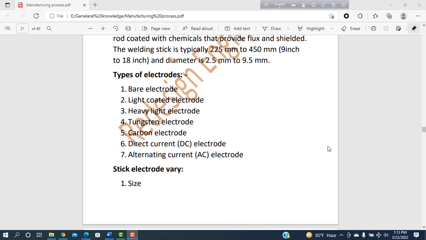Types of electrodes. Electrodes are of different types like bare electrode, light coated electrode, heavy coated electrode, tungsten electrode, carbon electrode, direct current DC electrode and AC electrode, alternating current electrode.